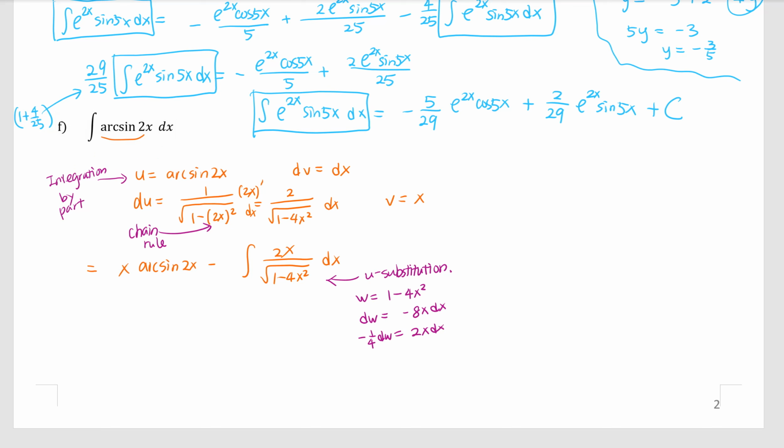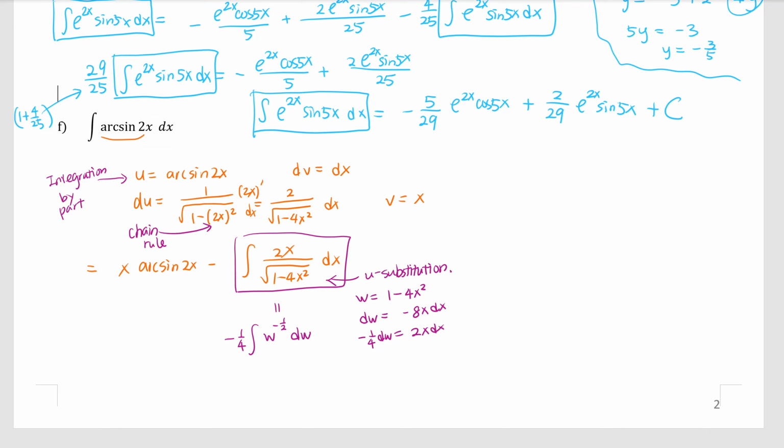Okay, so let's calculate this box first. Well, then this box equals negative 1 over 4 times the integral of w to the negative 1/2 dw. Is that okay, everybody? So 2x dx is minus 1/4 dw.